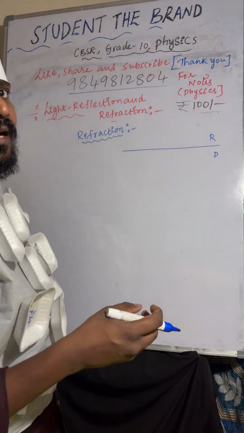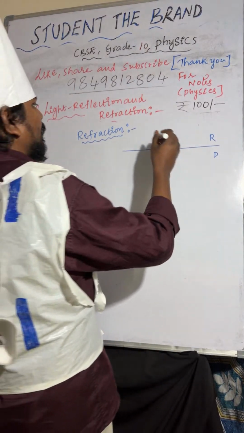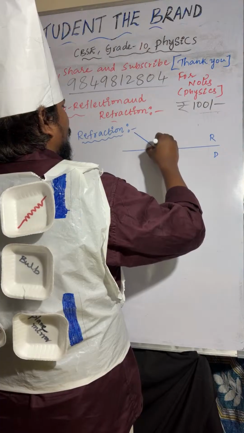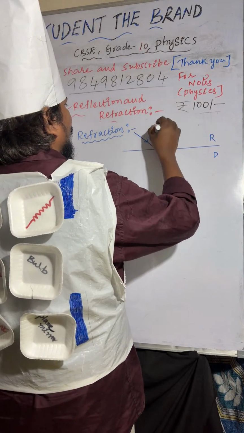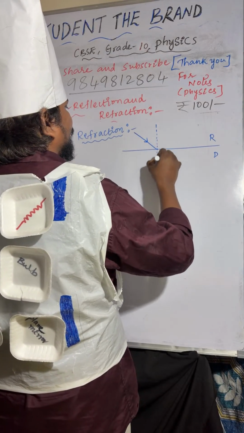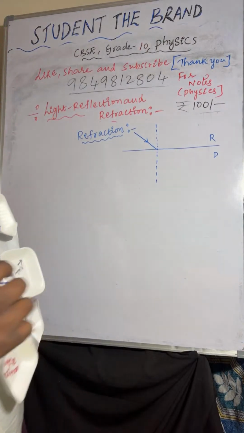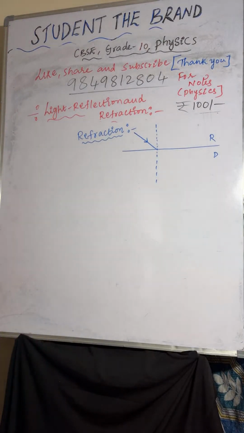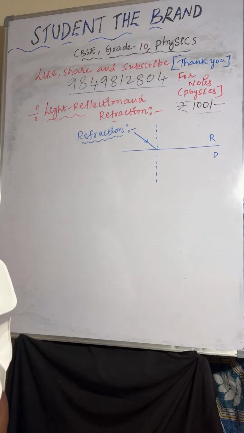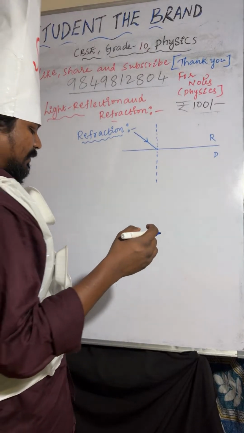Here you can see a rarer medium and a denser medium. I am taking this incident ray, and this one is the normal line. We draw the normal line as a dotted line because it does not actually exist; it is drawn for our understanding.